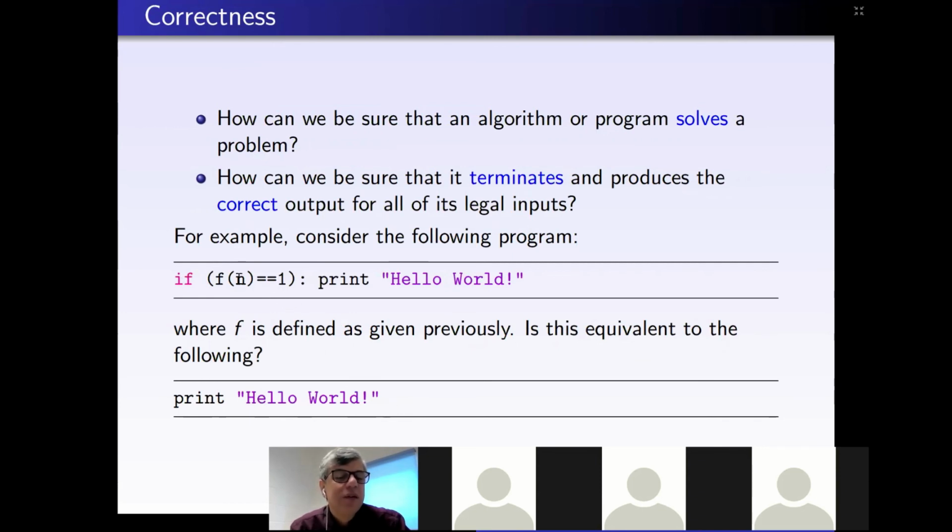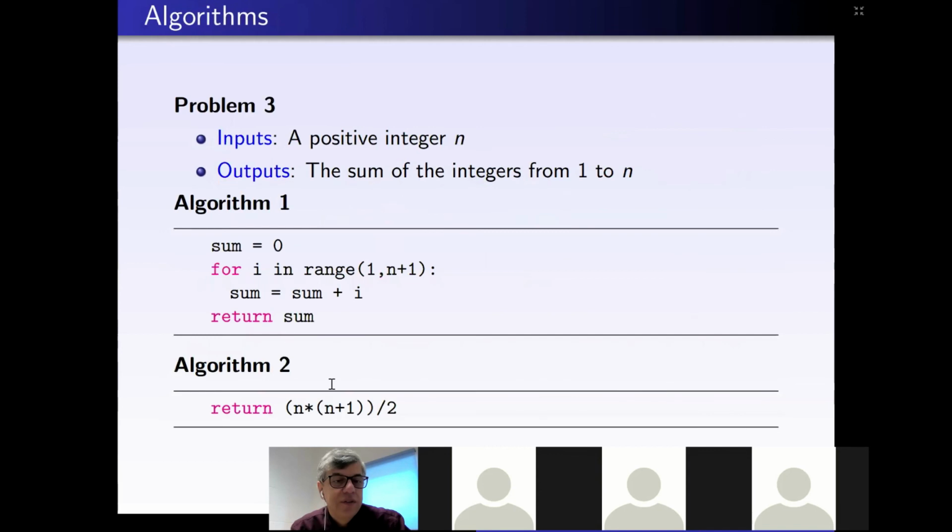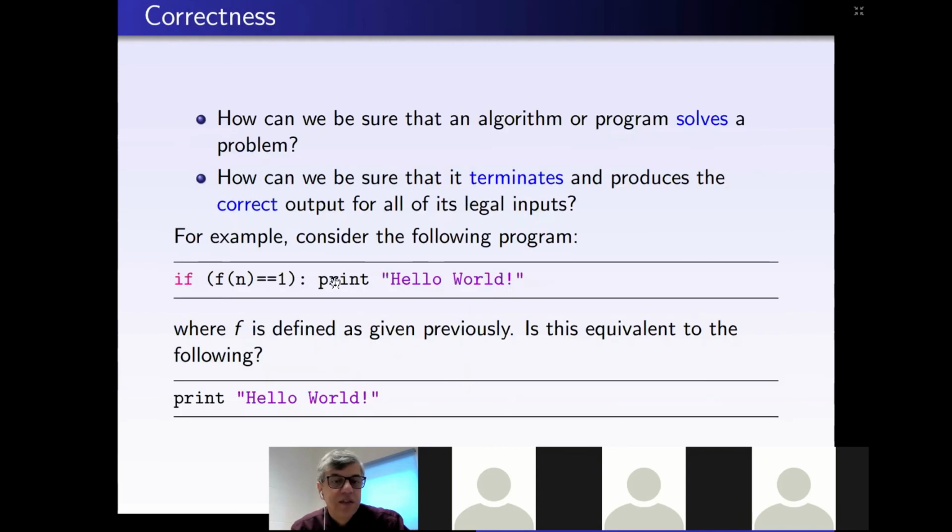Does the algorithm terminate all the time? Will the function be finished and return 1? For example, when you give 10, f generates 1, and then if f is 1 here, you print hello world. Is it similar to this one? That's the matter we need to answer.